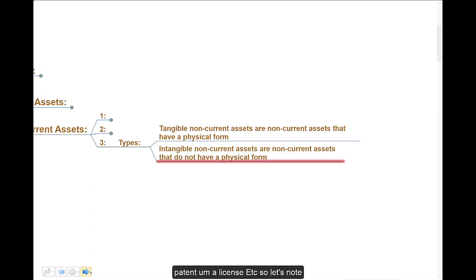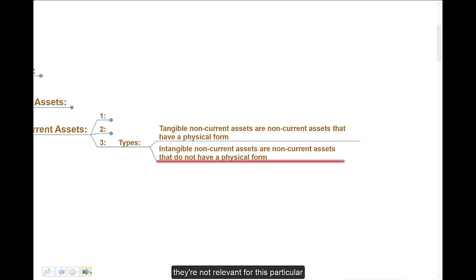So let's note, just because you can't physically touch, see, or feel it doesn't mean it's not a non-current asset. It could be an intangible non-current asset. Now, indeed, the rules differ between recognition and capitalizing tangible versus intangible assets.